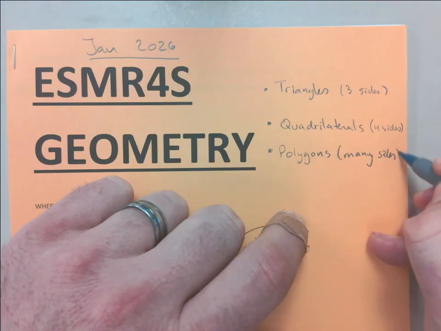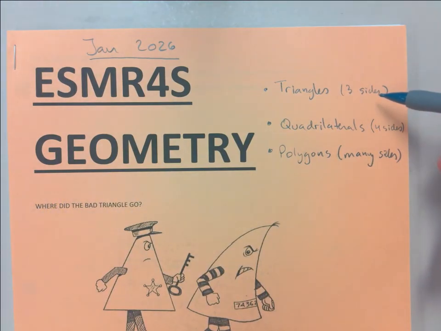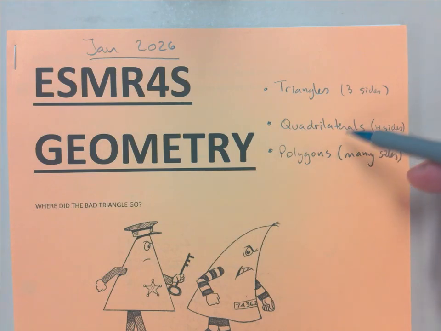For three sides, we have a lot of properties and we focus on triangles, then four-sided, and then anything with more than four is referred to as polygons. Really, polygons encompasses everything, but triangles and quadrilaterals have their own special section, okay?